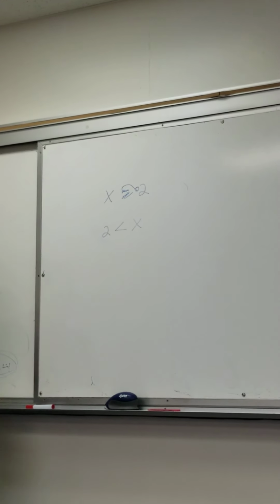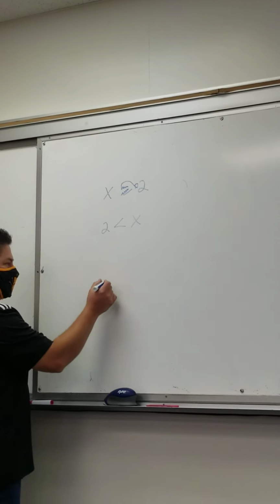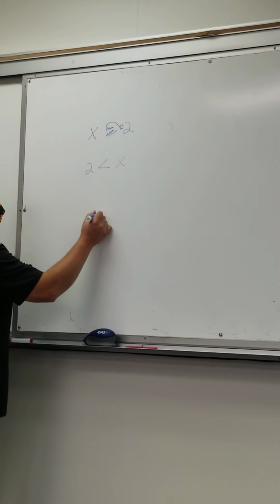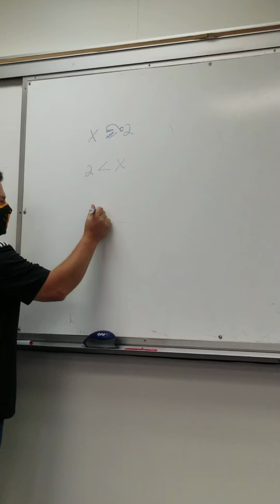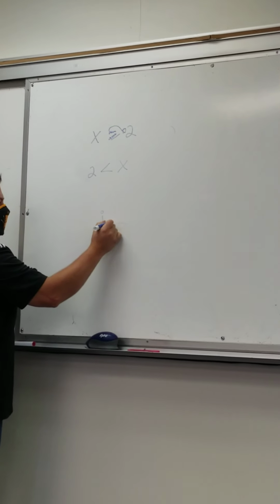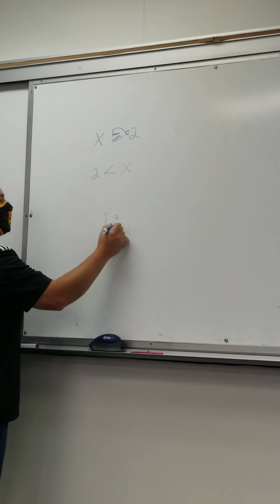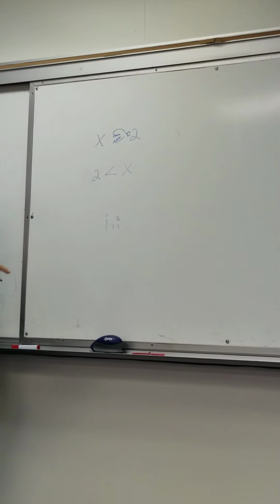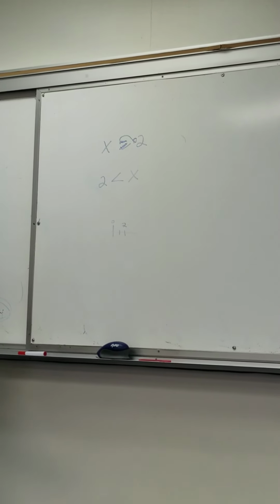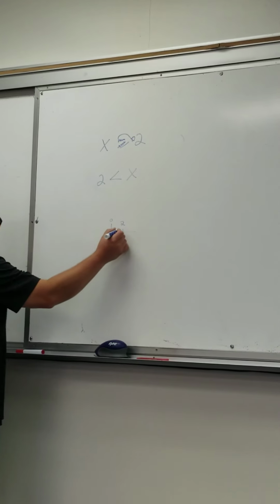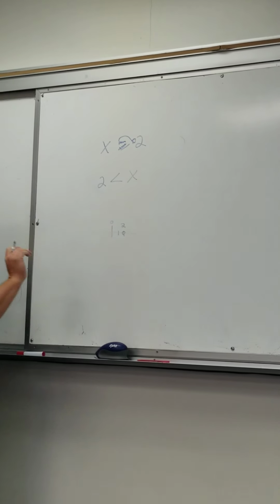The problem is that a lot of kids were taught when you mark this on a number line. So this is where I want to talk about a number line. Here's 0, here's 2. Should I fill in or circle 2? Circle, because it's not equal to. Good job, Callie. We're just going to circle it.